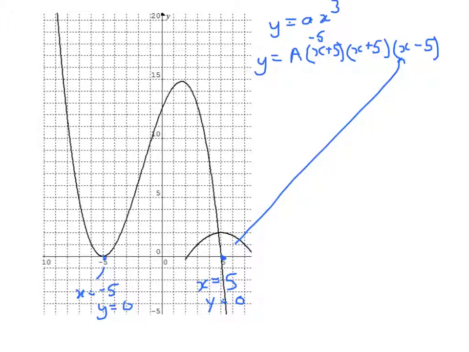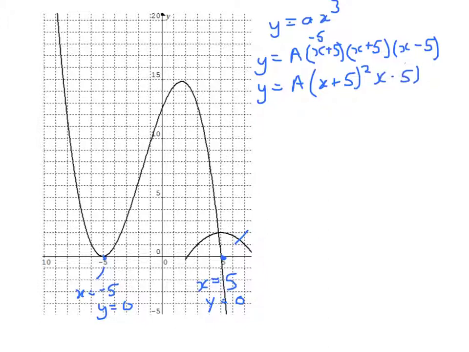So my equation for this graph is y equals a times x plus 5 squared, I've got 2 of those, and x minus 5. But I need to find my a.